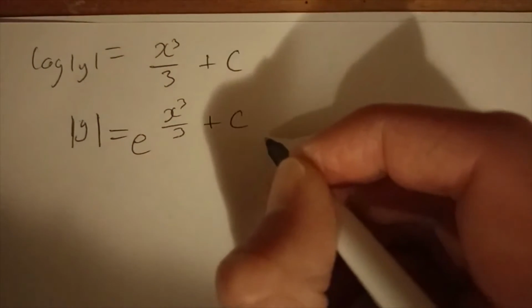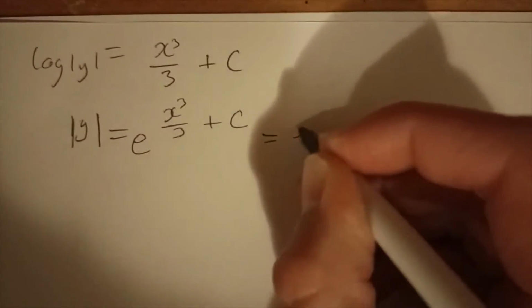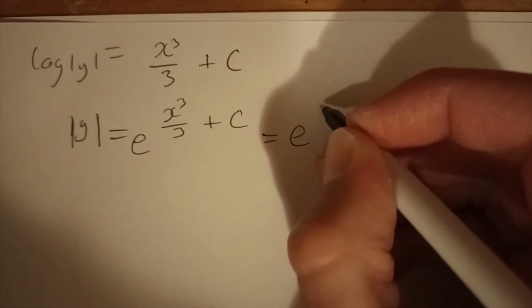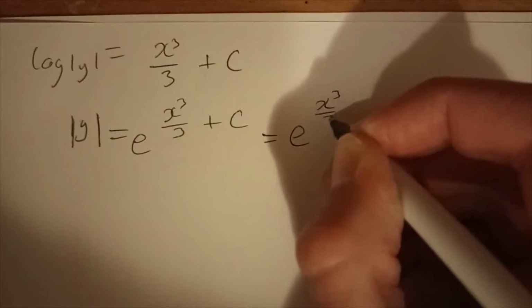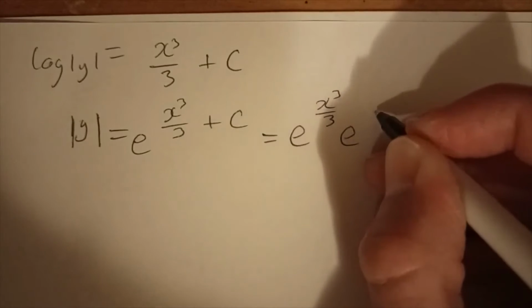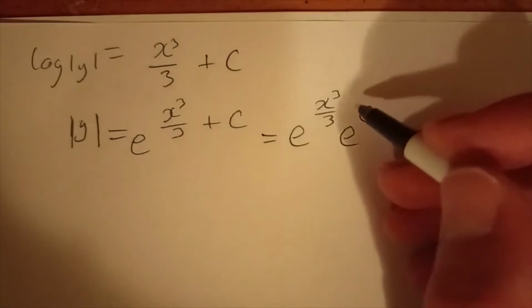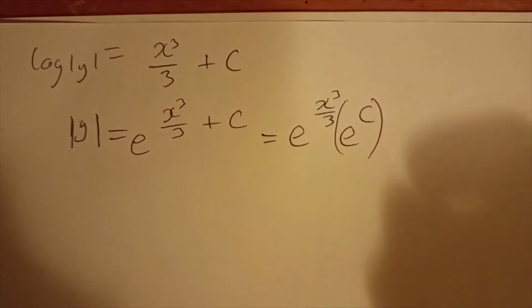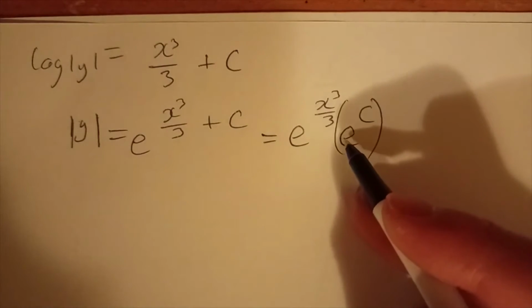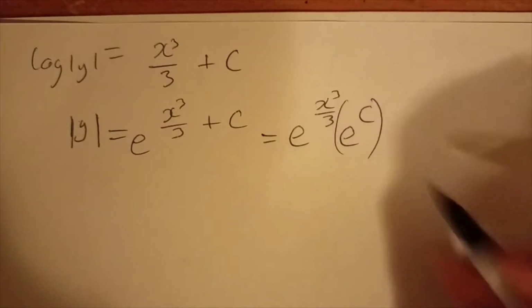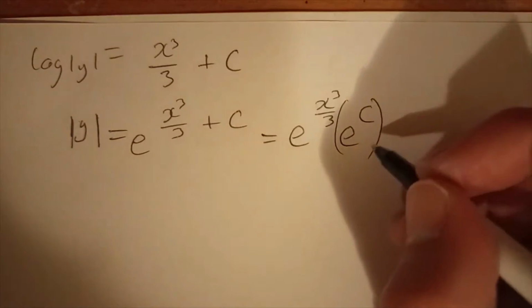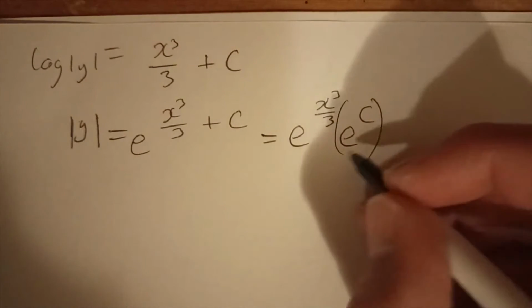And now we can rewrite this exponential as e to the power x cubed over 3 times e to the power c. Now this e to the power c is itself just a constant. An exponential of some constant is a constant itself. So we can call this constant k, for example.